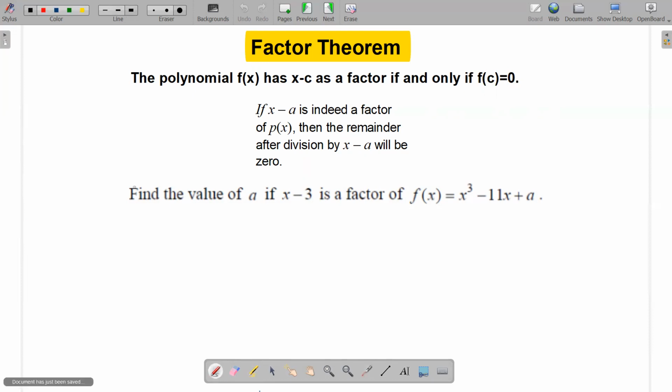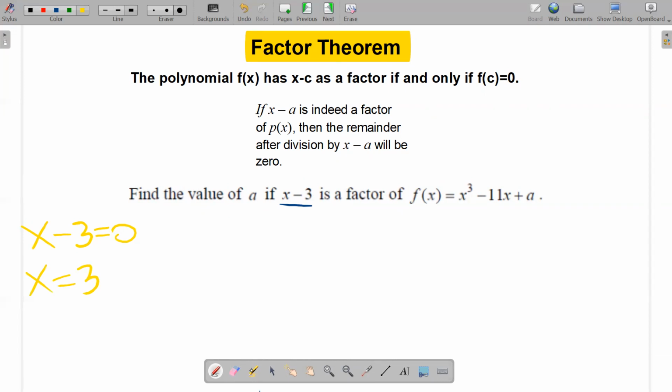So let's say this. Find the value of a if x minus 3 is a factor of the function f of x equal x to the power 3 minus 11x plus a. If we understand correctly what we said before, first, this is a binomial with maximum exponent being 1. That means that we can just place this one equal to 0, and we can say that x will be equal to 3.